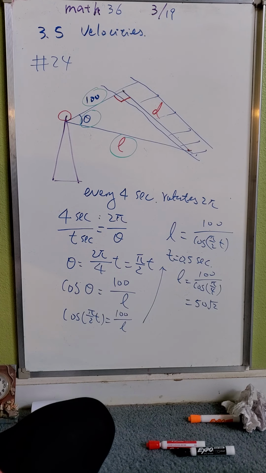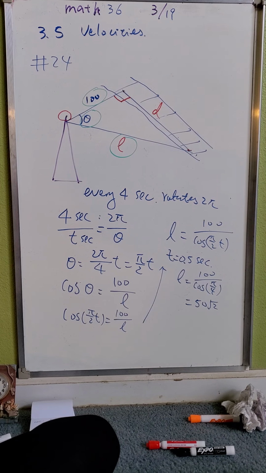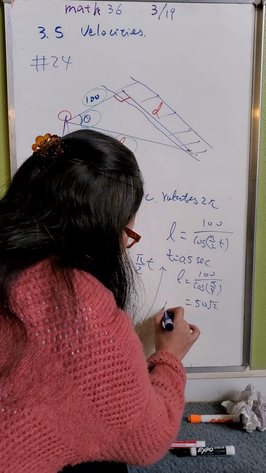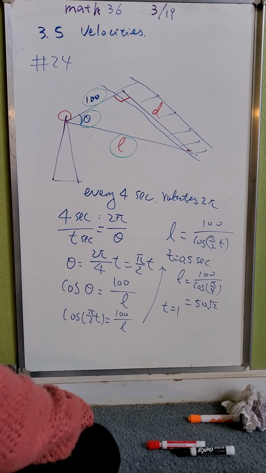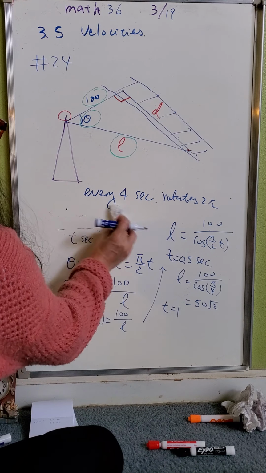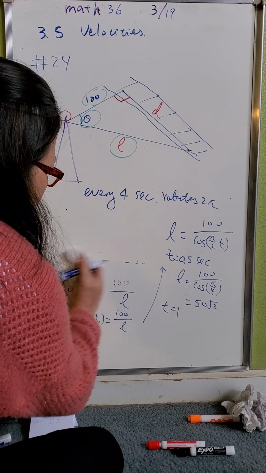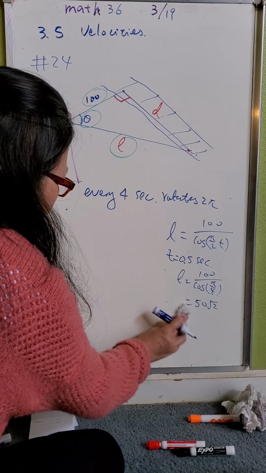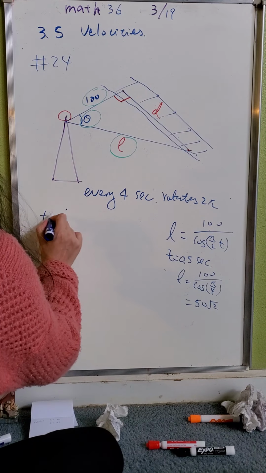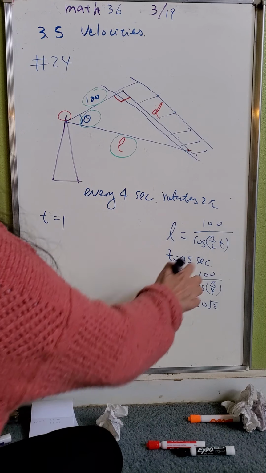And my second question is t equal 1. Okay, when t equal 1, then what happens? So I'm going to continue on this side. I need more room. Okay, I'm going to put it right here. When t equal to 1, then I put 1 here.